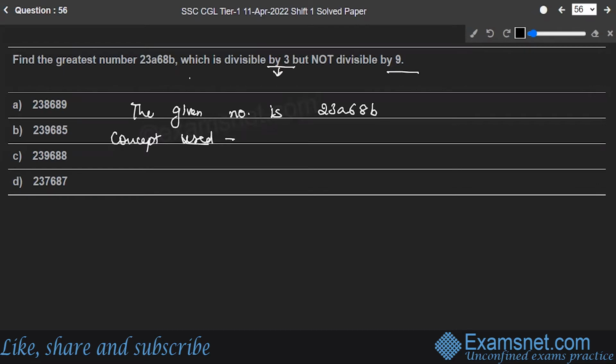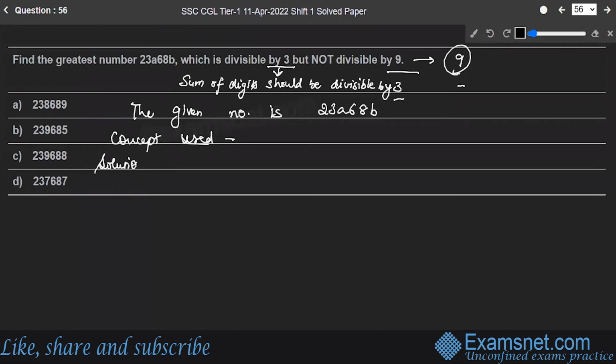It says the sum of digits should be divisible by 3. And for 9, it says the sum of digits should be divisible by 9. Same thing. 3 and 9 have the same divisibility test. The only difference is 3 says the sum of digits should be divisible by 3 and 9 says it should be divisible by 9.